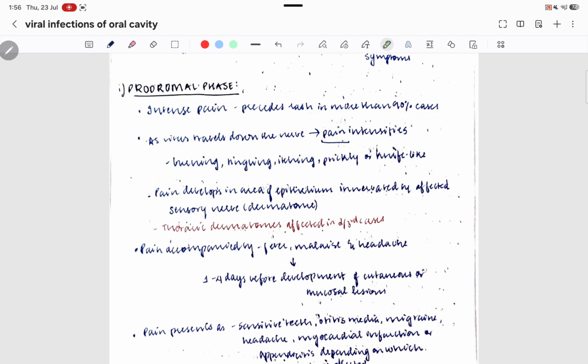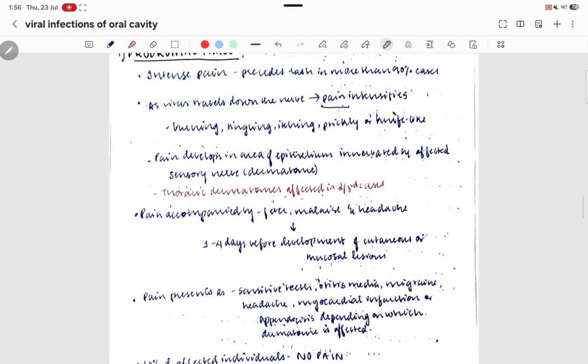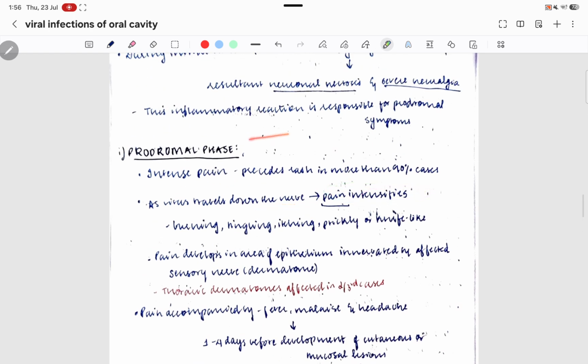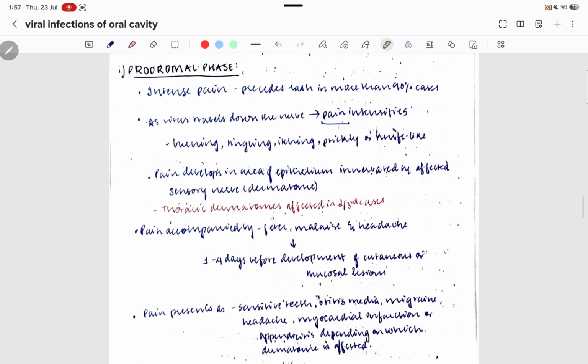The virus enters the nerve, then there is intense pain, then the virus travels deeper down the nerve and the pain intensifies.